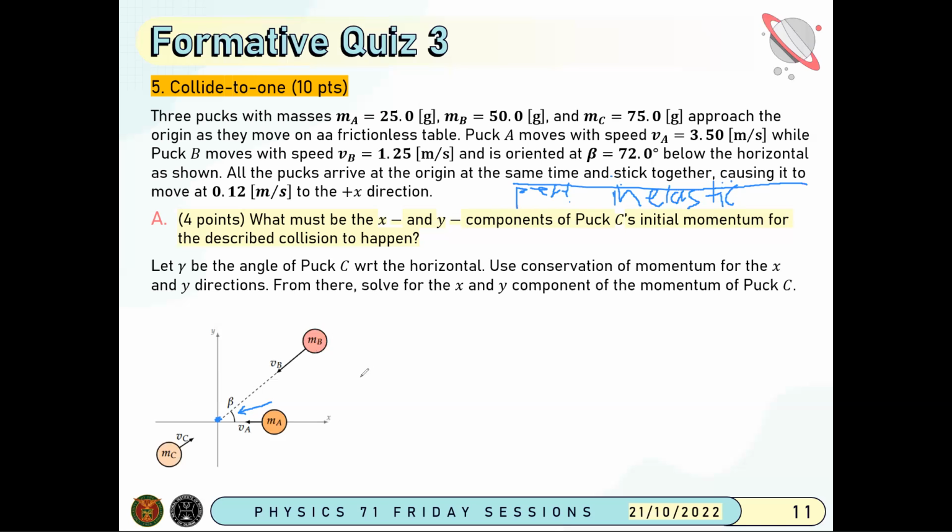So yun yung nangyayari sa perfectly inelastic collision. They move as one after sticking together, and yung movement nila has a speed of 0.12 meters per second to the positive x direction. So, what must be the x and y component of C's initial momentum for this described collision to happen?